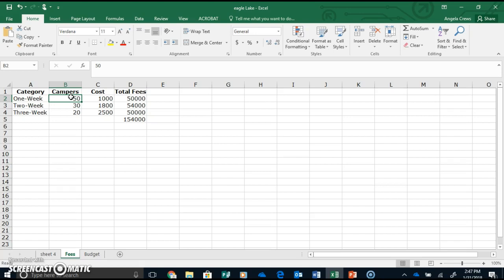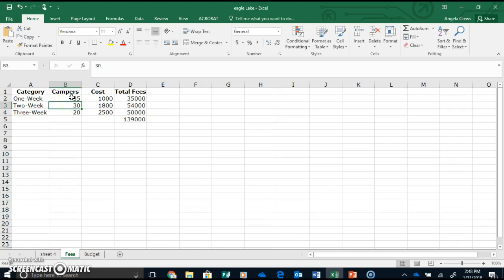I think the easier formula is if 100% is 50, if I subtract 30% from 100, I should get 70%. So I'm going to make my formula equals 50 times 0.7. So my answer there is I think that 35 campers will come to the 1-week camp.